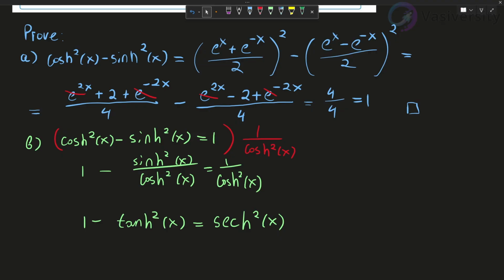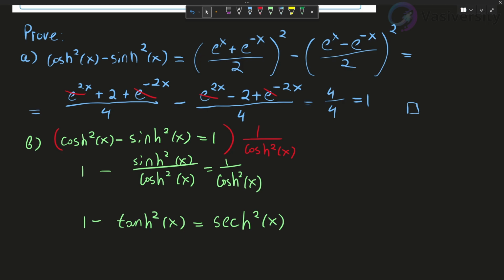We can compare it to the trigonometric functions. For circular functions we would have something very similar, but for hyperbolic functions it is slightly different.